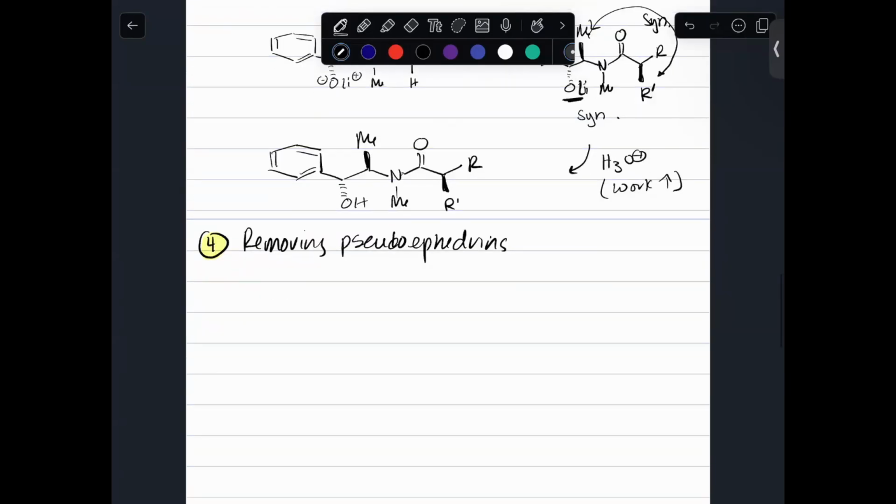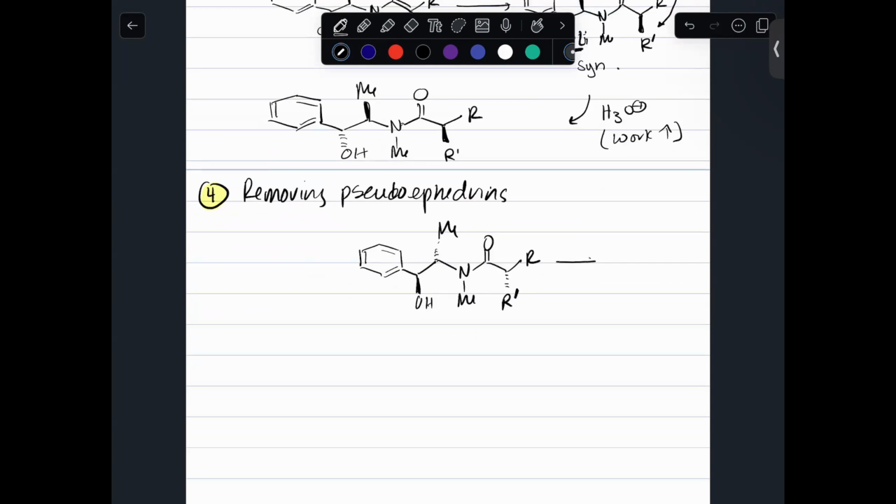Now, very similar to oxazolidinones, actually, they're a little bit more efficient for pseudoephedrines. The reactions are a little bit more efficient for pseudoephedrines, and you'll see why in a second. Okay.